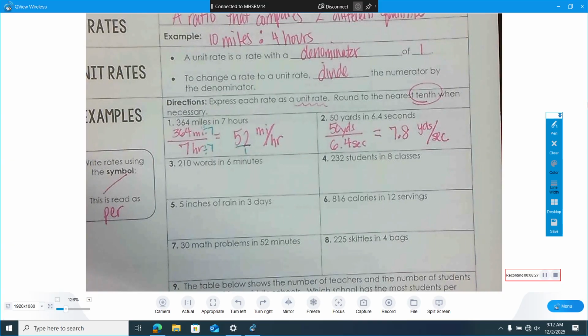210 words per 6 minutes. Divide. What are you doing there? Divide. 210 divided by 6.